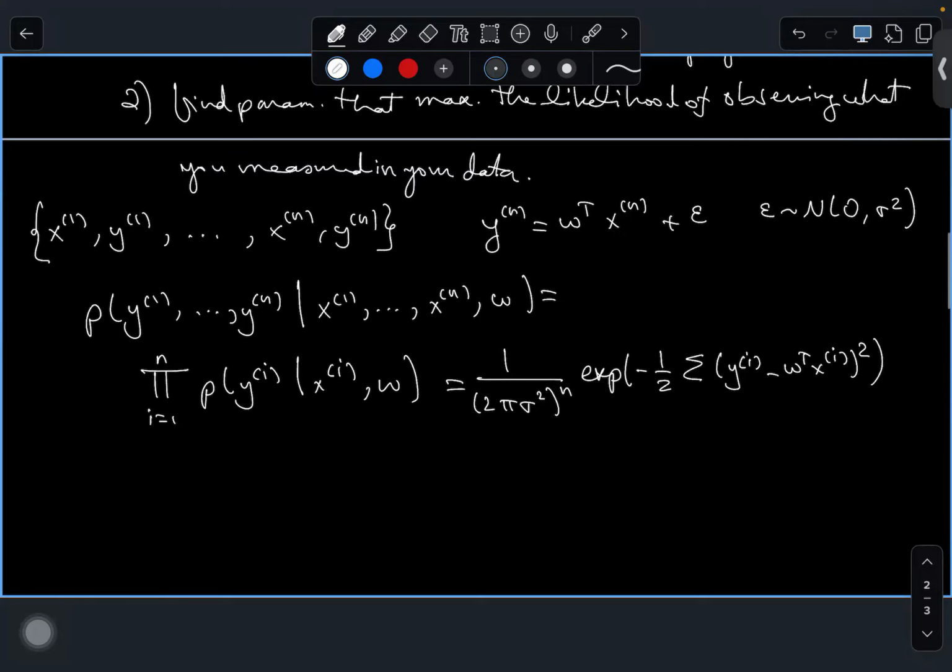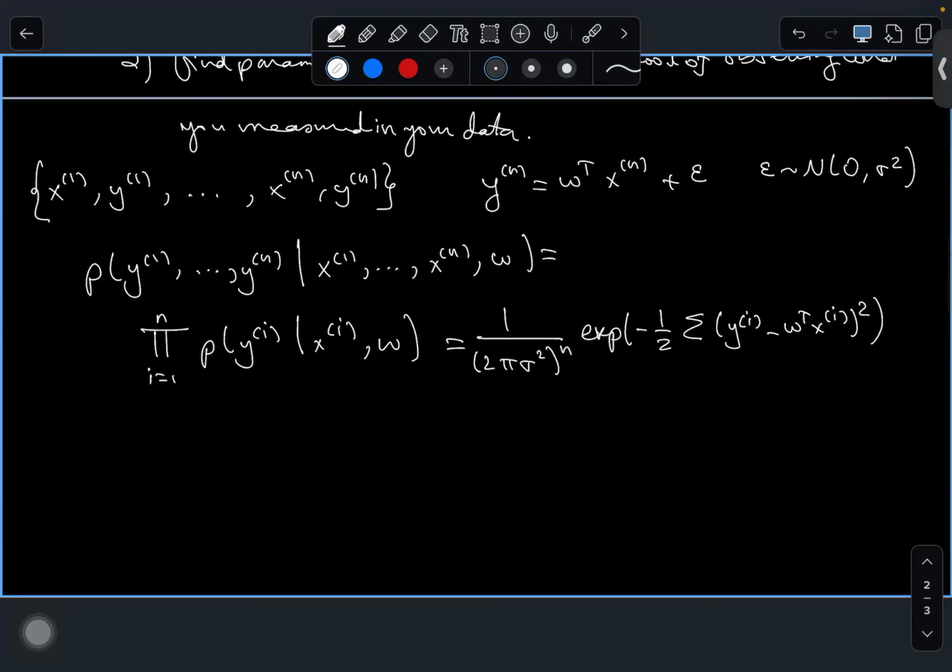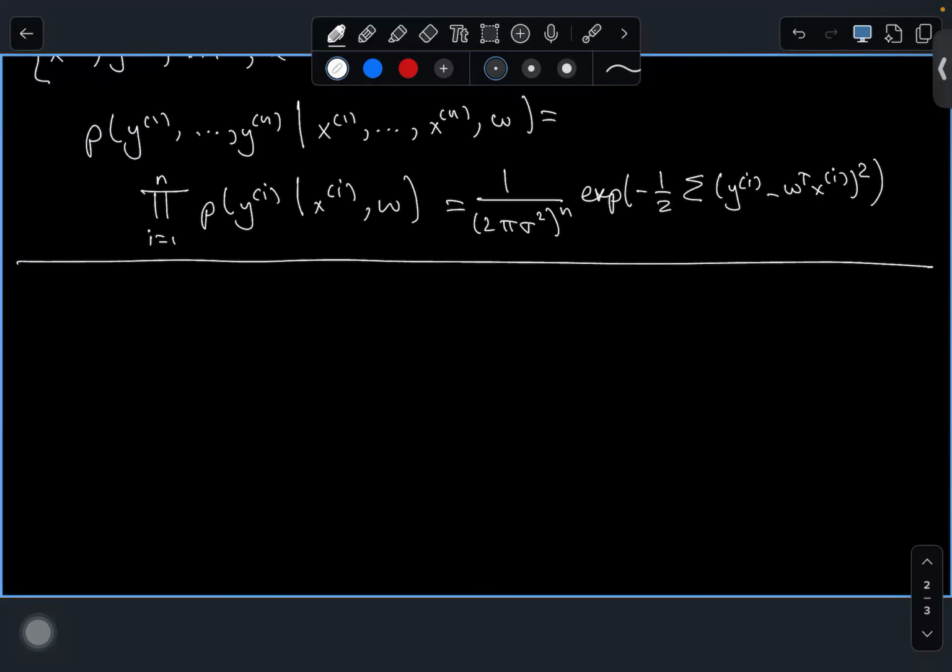This would be the likelihood of observing the specific Ys that I had. So the maximum likelihood would be to maximize this multiplying of all these exponentials, find the W that maximizes that. And we'll do that. Okay, so let's do some simpler problems before we get to multiplication of these Gaussians.